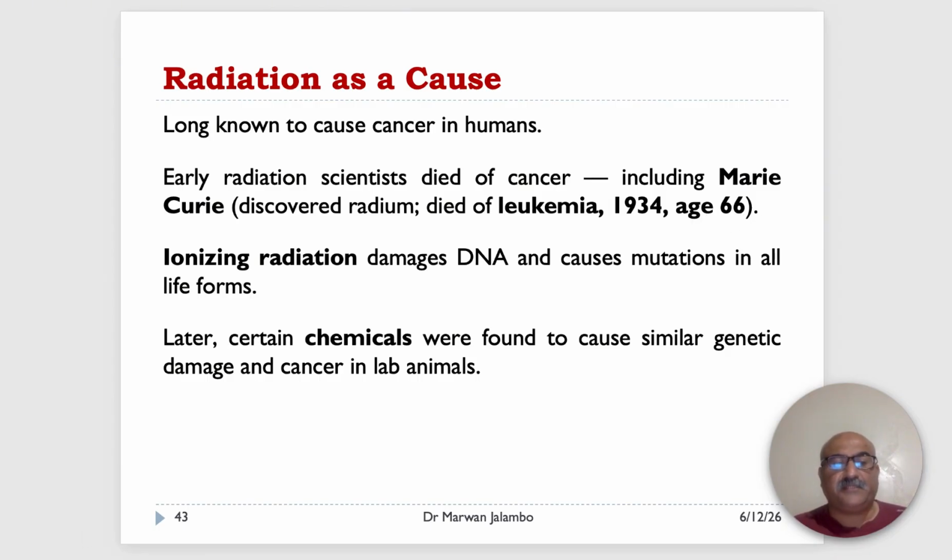Later studies proved that ionizing radiation damages DNA and causes mutations across all life, from bacteria to mammals. And later, certain chemicals were found to cause the same kind of genetic damage and cancer in lab animals.